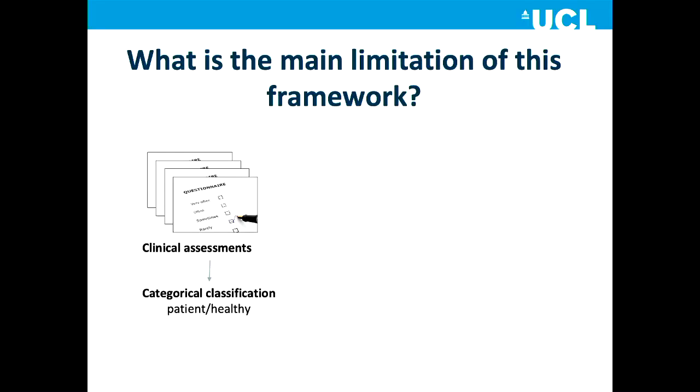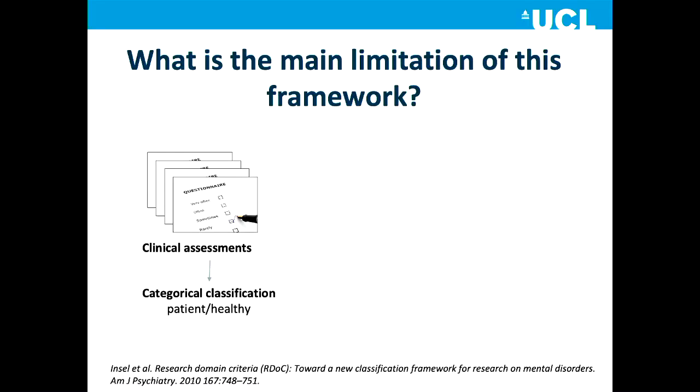There is a lot of evidence that categorical classifications in psychiatry are unreliable, they have not been predictive, they don't align with findings from neuroscience, and they are not predictive of treatment responses or genetics. I'm citing here the Research Domain Criteria framework, which has led to a big discussion on these limitations. They have pointed out many limitations with the categorical classification in psychiatry.